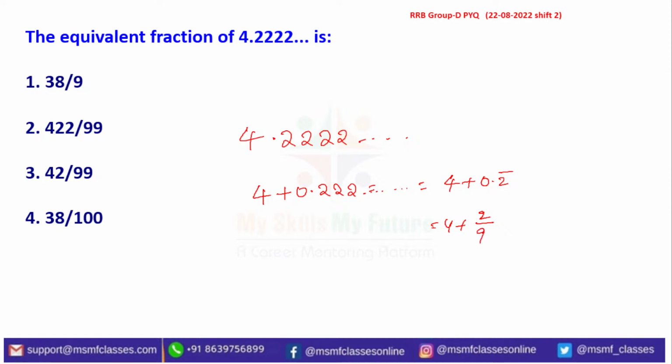Take the LCM 9: 36 plus 2, we get 38 by 9. Option 1 is correct.